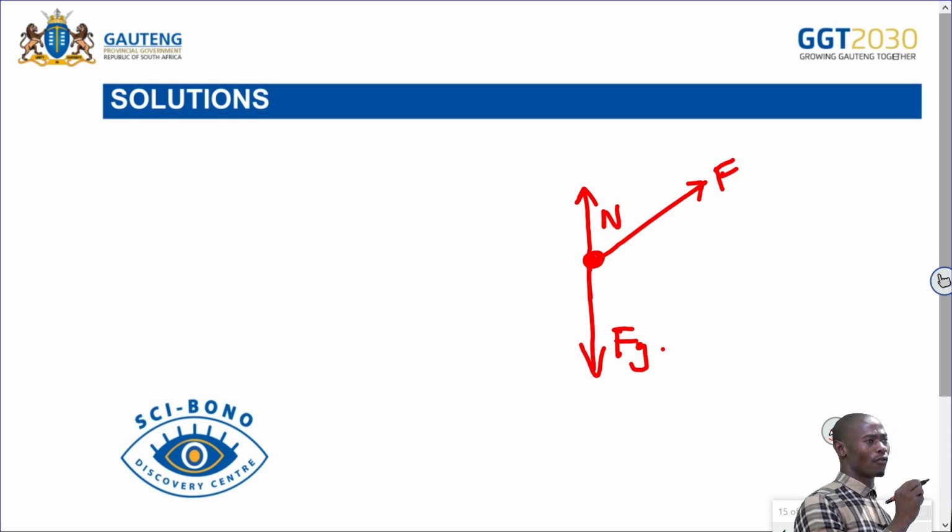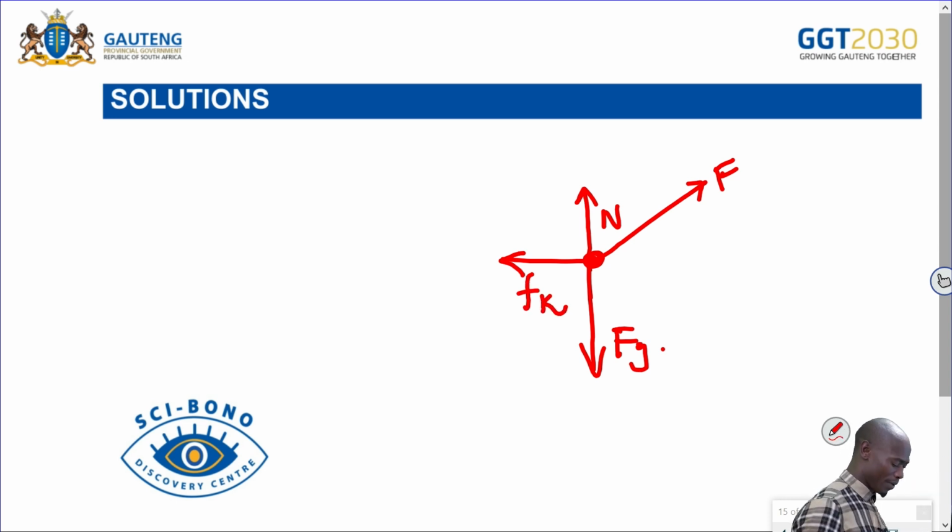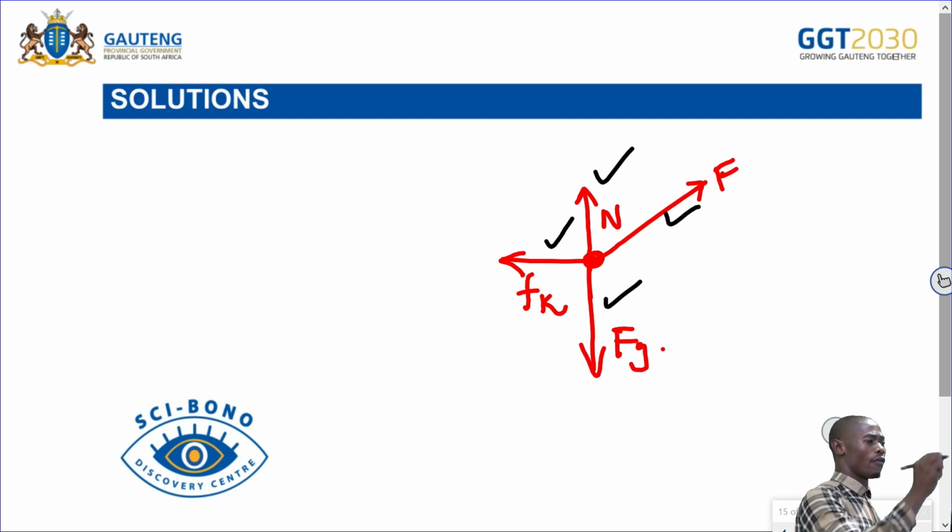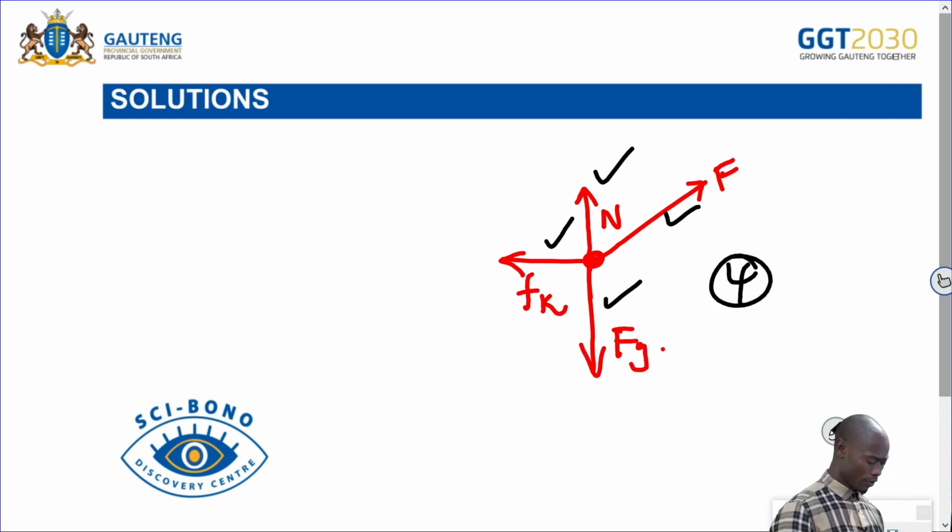And then you also have the frictional force, which will oppose the motion. So how many forces am I having here? There are 4: 1, 2, 3, 4. Okay? So this is my free body diagram. And again, be careful, learners, of the length of the arrows or the length of the forces. The magnitudes are not equal in this case, right?